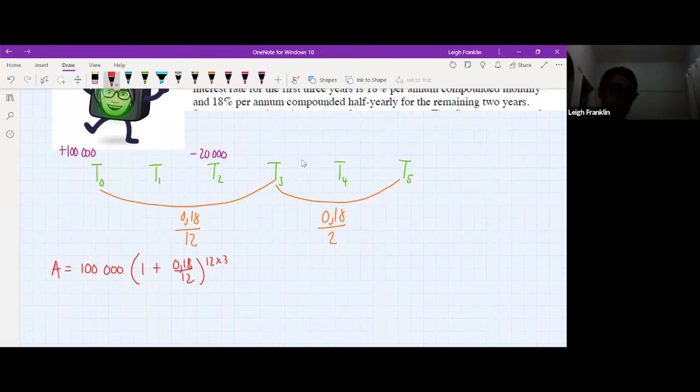That money stays in the account from the beginning through to the very end, so it's going to continue to earn interest at the new interest rate, which is 0.18 over 2, and here for the last 2 years, so this is 2 times 2. Then from that, we need to subtract the 20,000 Rand that was withdrawn plus its interest. Now, for 1 year, it's earning interest at the old rate.